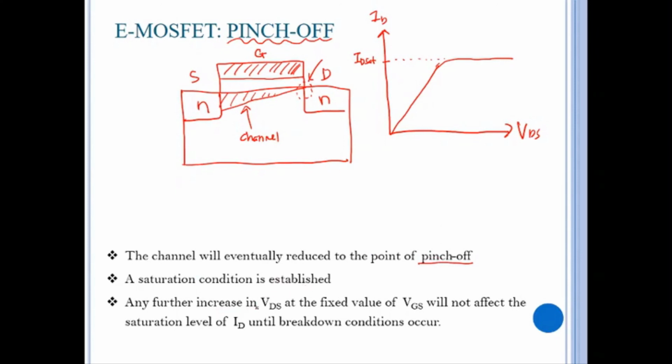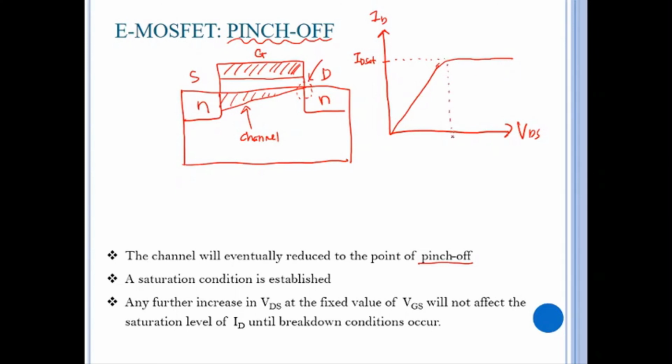Any further increase in VDS at a fixed value of VGS will not affect the saturation level of ID until breakdown occurs. So if we further increase the VDS, the current will still be fixed at the ID saturation until it reaches the breakdown condition. Okay.